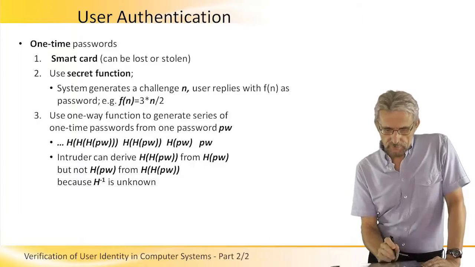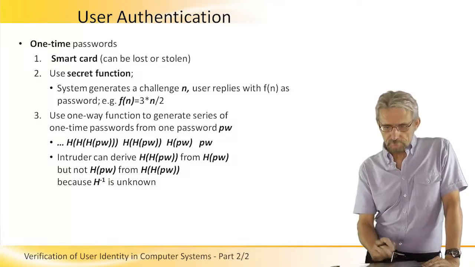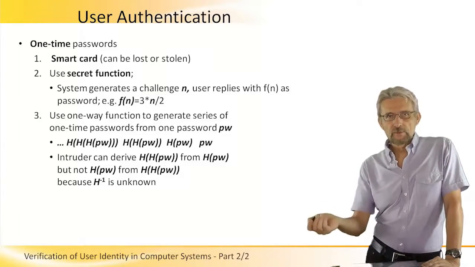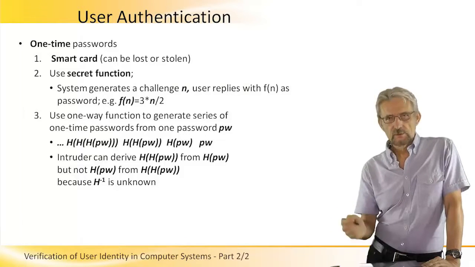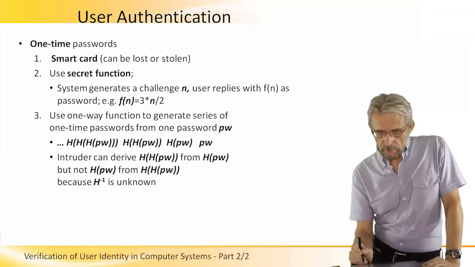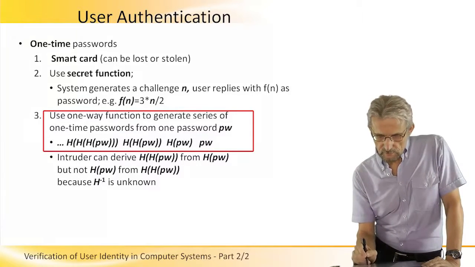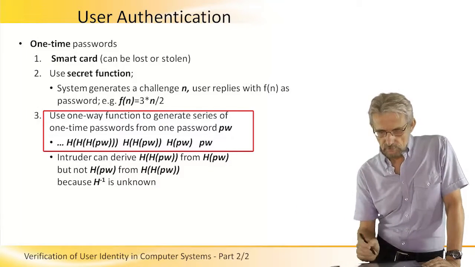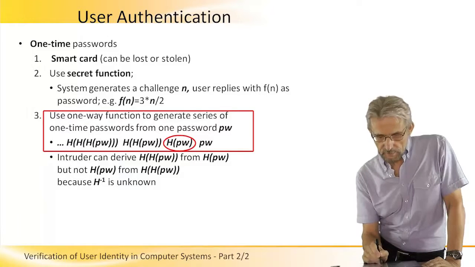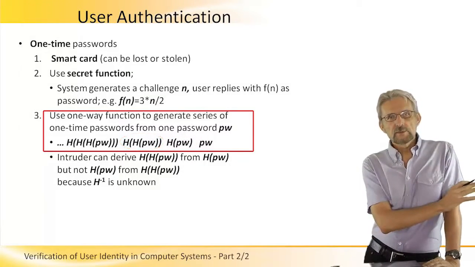And here's a third way of using one-way functions. Remember the one-way function that I just mentioned. It's a function that you can apply but that you can't reverse. Now you could use it to generate a series of passwords. You start with something, a password, then apply H to it, get another password, again apply H to it, and keep repeating it until you get a series.